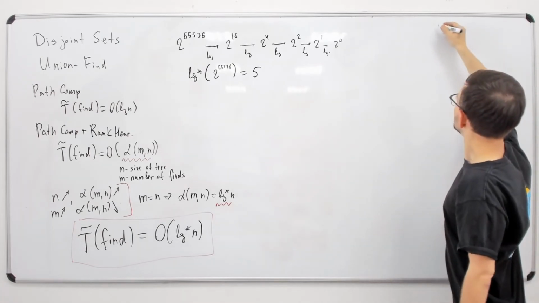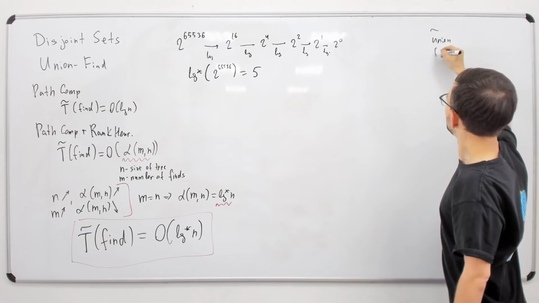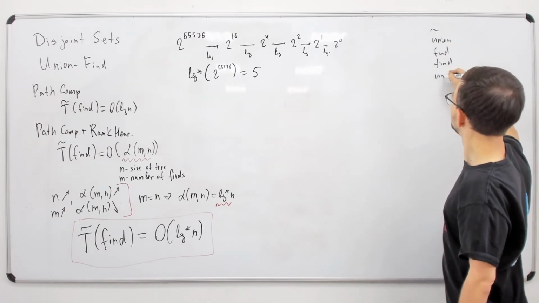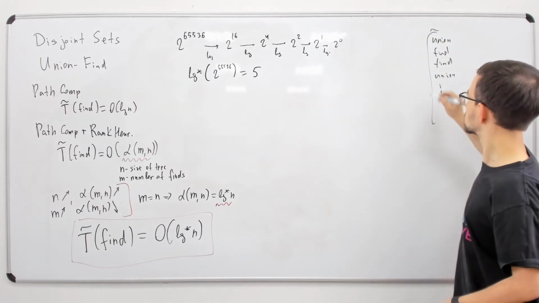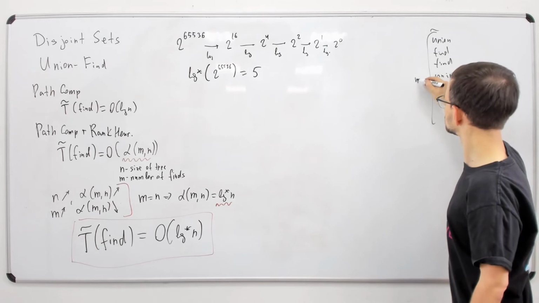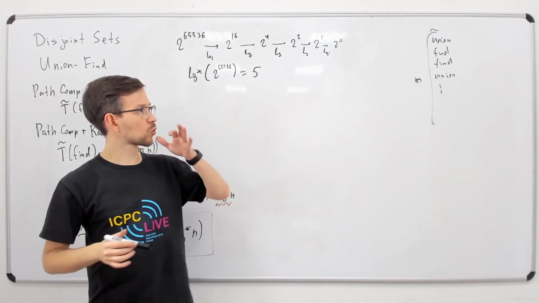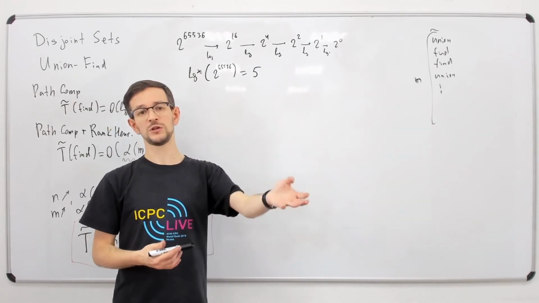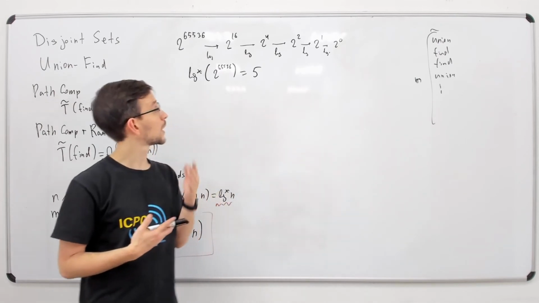You start from the structure, and you call union, then you call find, you call another find, union, and so on. So you make some number of operations, like M operations. And I want to calculate the total time complexity of these operations. Then I will divide by M and get the time complexity of one operation.